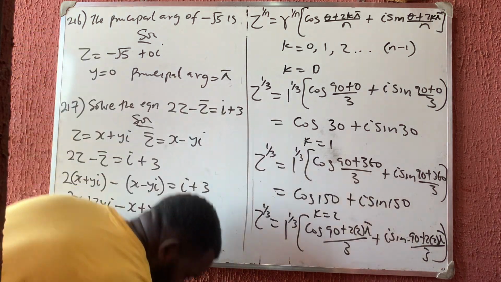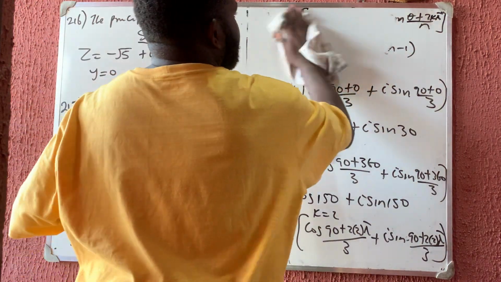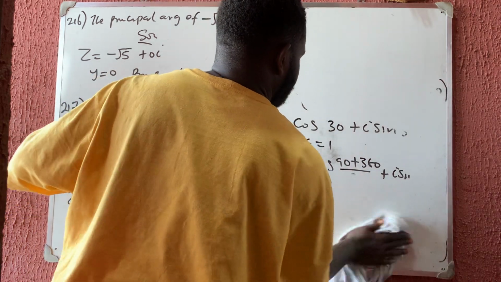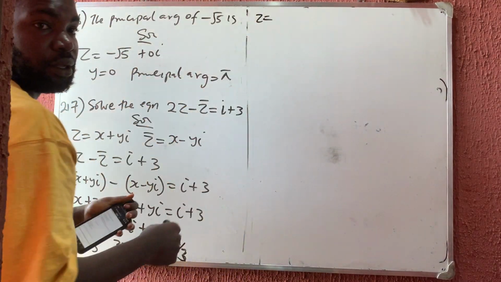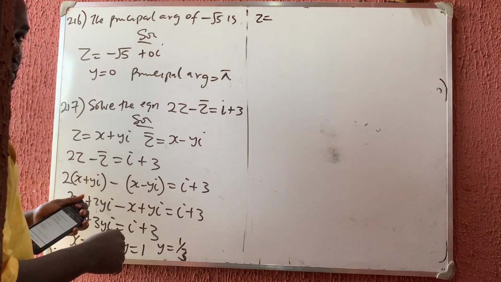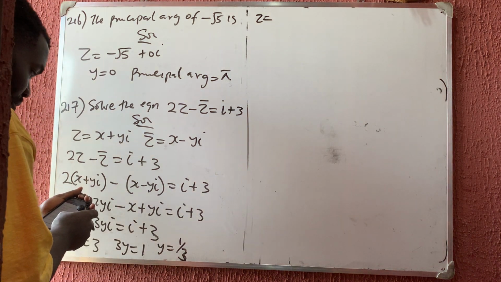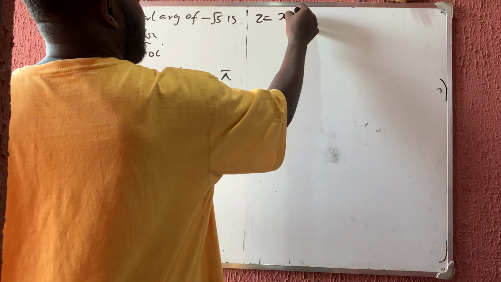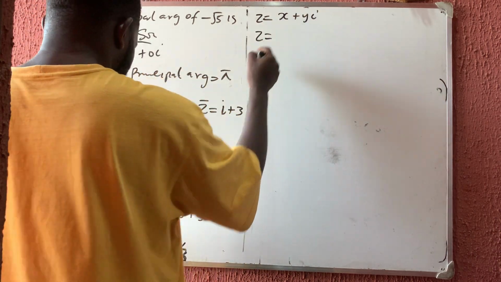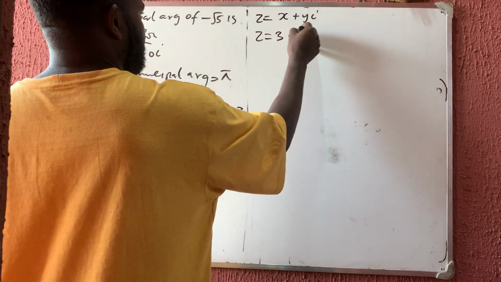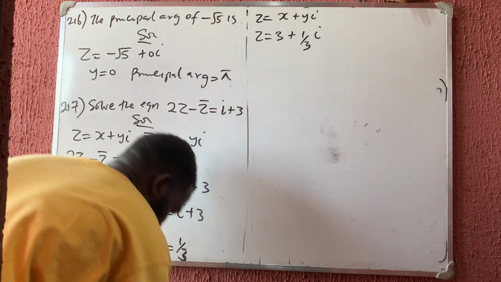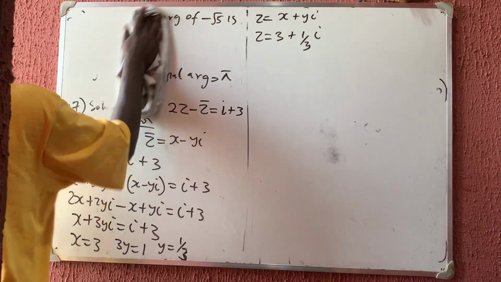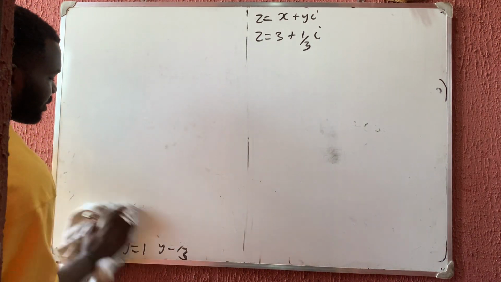Therefore, z is equal to x plus yi, so z is equal to my x, which is 3, plus 1 over 3i. So that is that.